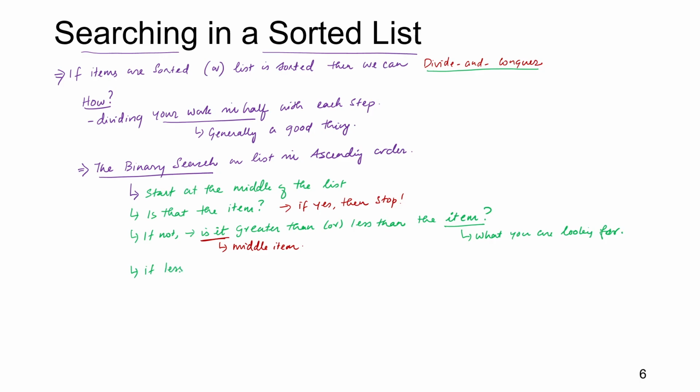If less than, move to the upper half of the list. If greater than, move to the lower half of the list. So, if the middle item that you picked is greater than the item you are looking for, then you will find it below.